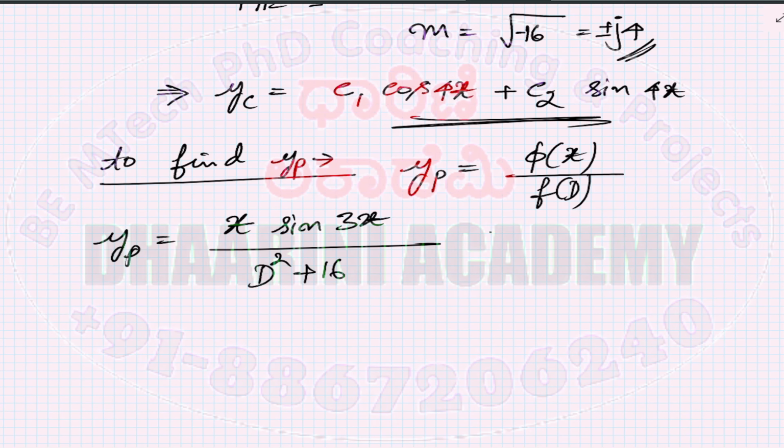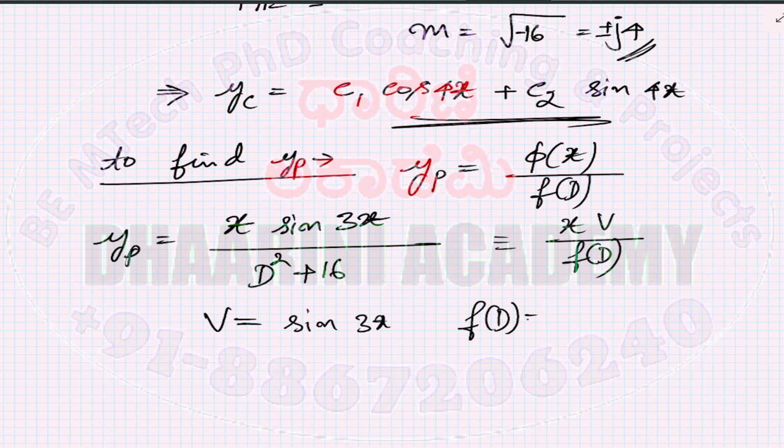All right, so I observe that this is x into v over f of d, where v is sine 3x, f of d is equal to d square plus 16. So we need f dash of d, that is 2d.